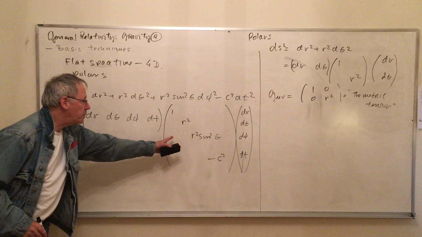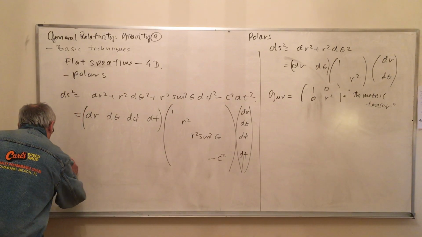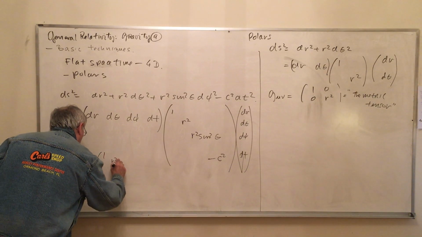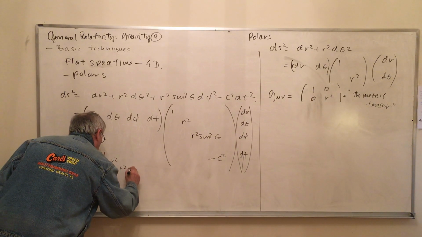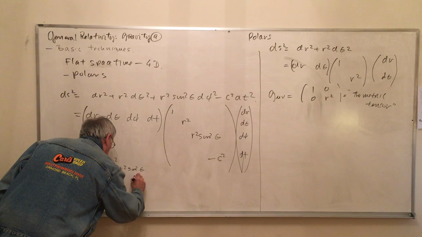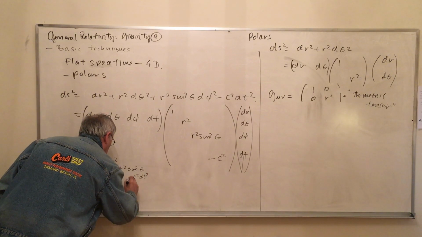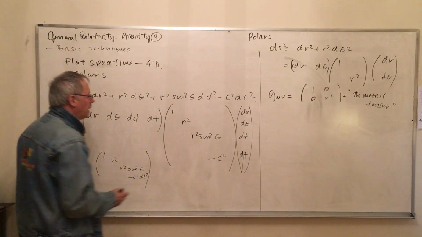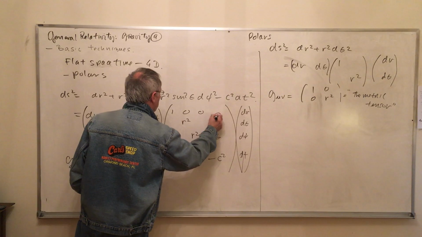We have the metric tensor for this particular case. And I just wrote it out. When I don't put in an element, it means it's 0.